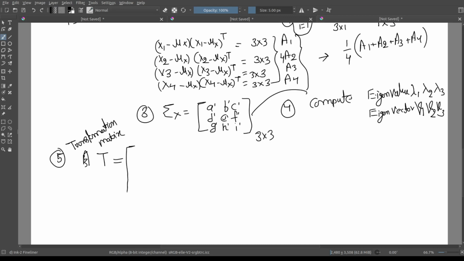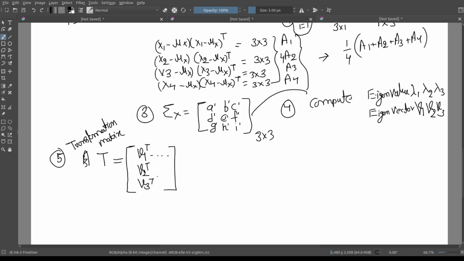Take the first eigenvector and take its transpose. The column eigenvectors v1, v2, v3 you arrange in row form: v1 transpose, v2 transpose and v3 transpose.